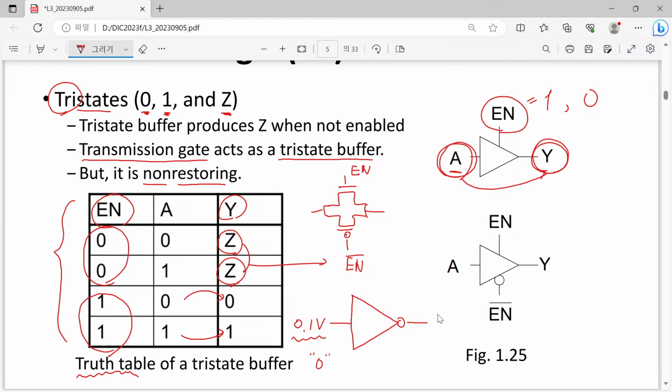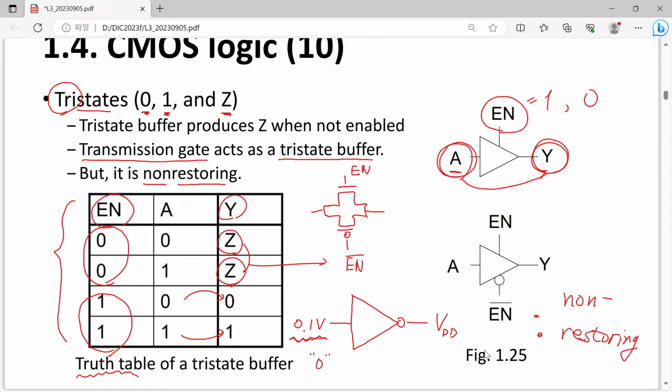Your output was exactly close to VDD, not a degraded one like VDD minus 0.1, which would be the case if the output were weak by the same 0.1 volt as the input. If we have such a thing, we call it non-restoring. However, we all understand the CMOS inverter doesn't work that way. It works in this way.